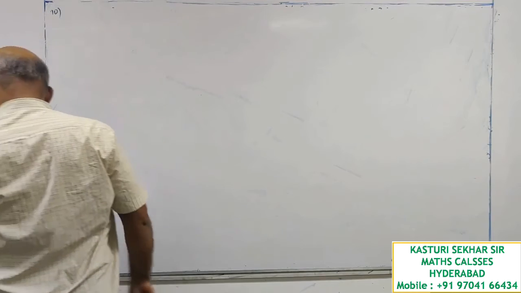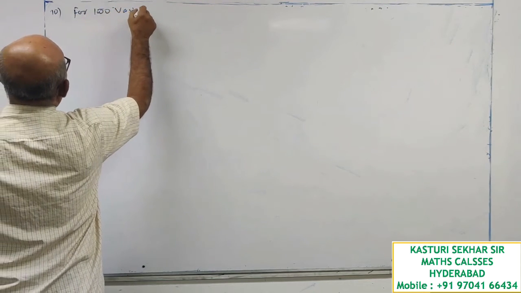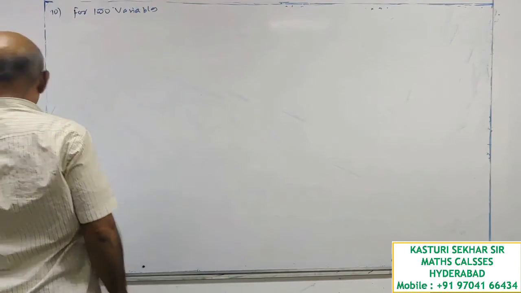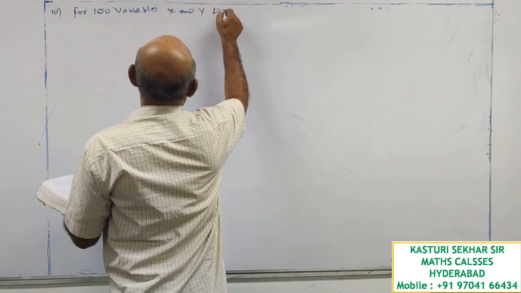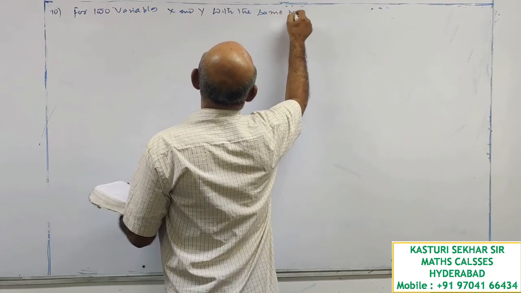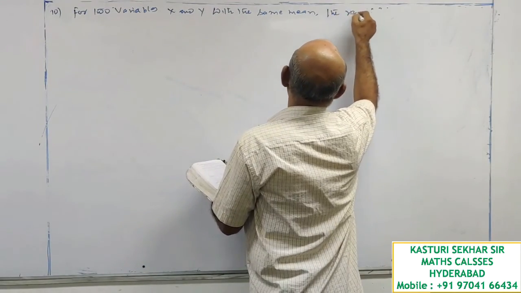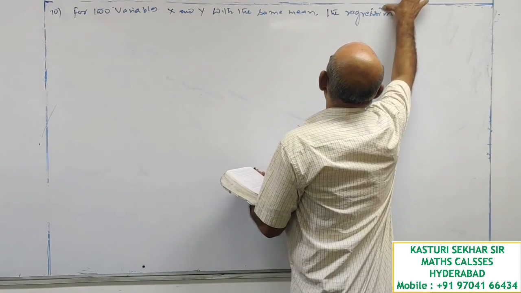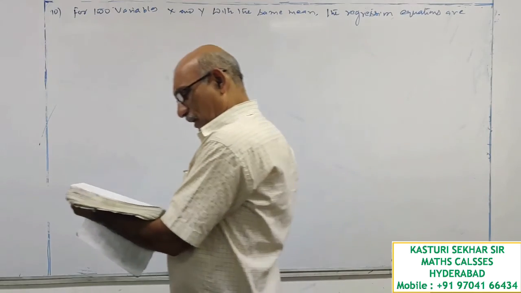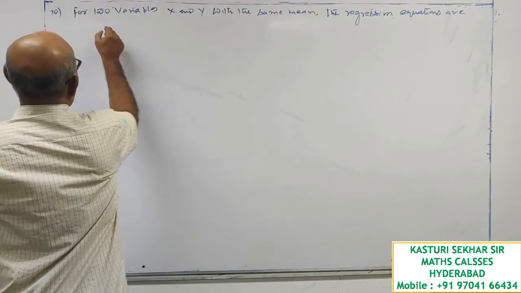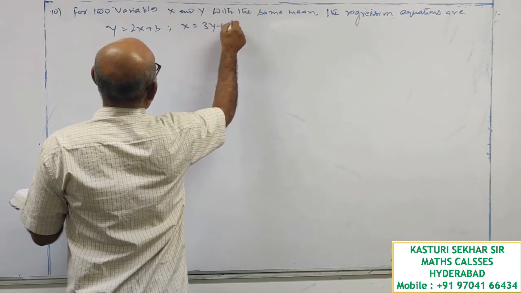Look at the next question. For two variables x and y with the same mean, the regression equations are y is equal to 2x plus b, x is equal to 3y plus beta.